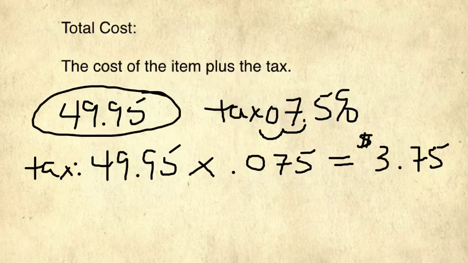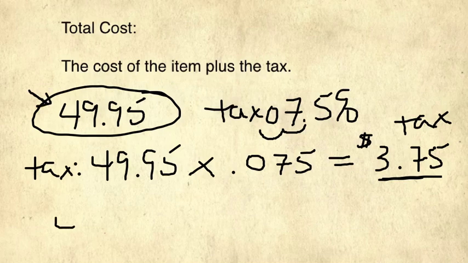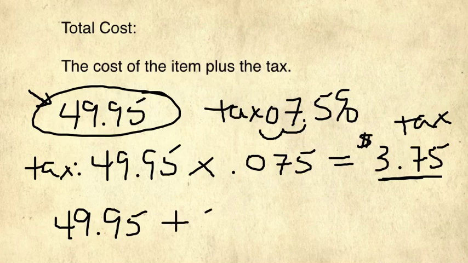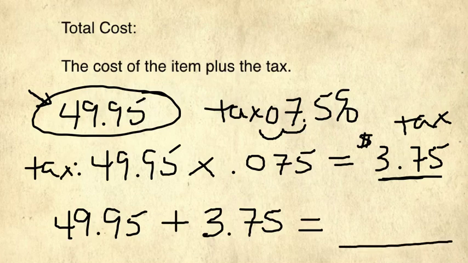So now I have to add these two numbers together. Here's my tax, and here's my jeans over here. So I'm going to take $49.95, and I'm going to add $3.75. So how much does it cost me to walk out of that store with a new pair of jeans?